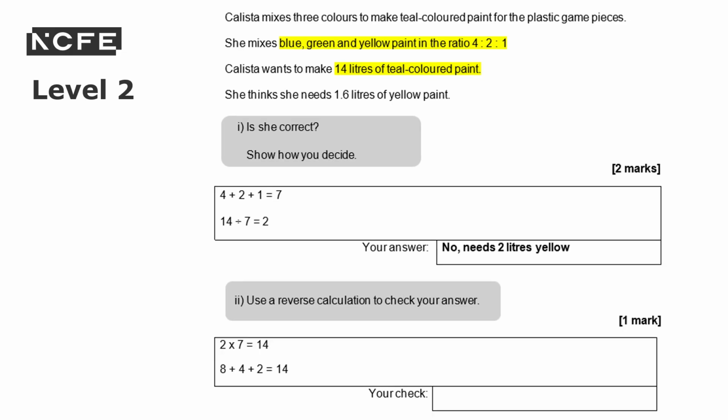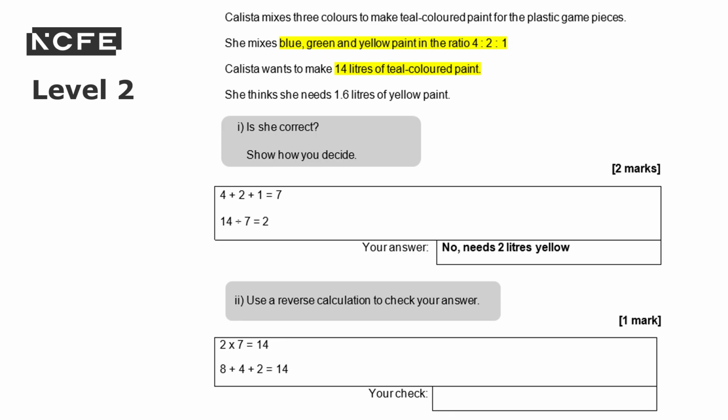And let's see. So what we've got here is our learner has chosen to do the 2 times 7, so we're looking at the number of parts, how much a part is worth, which is 2, times 7, which is the total number of parts, and we get 14, and actually that is a reverse calculation of the second part that they've done above.